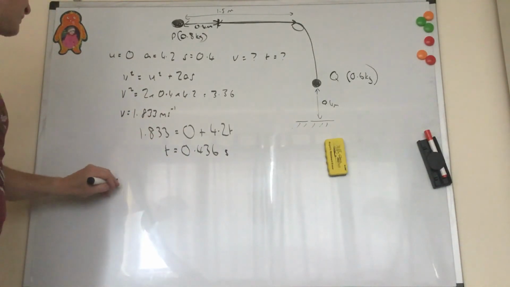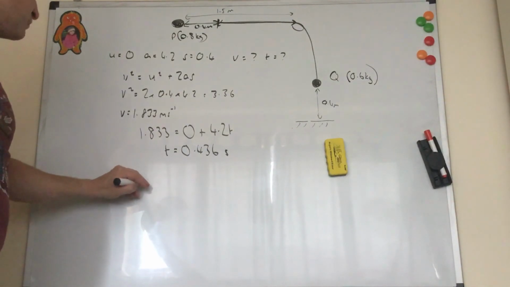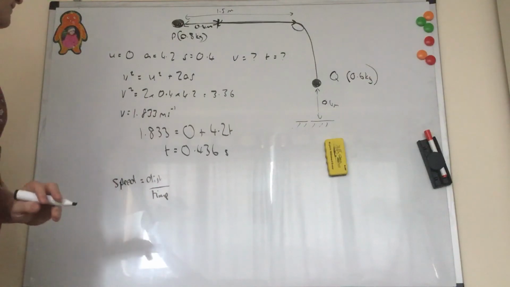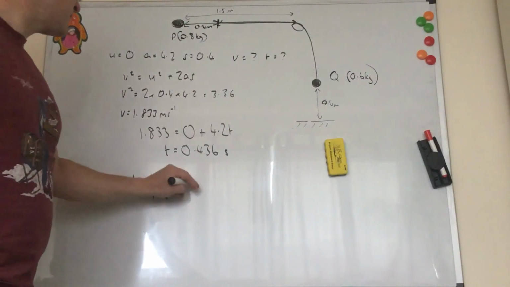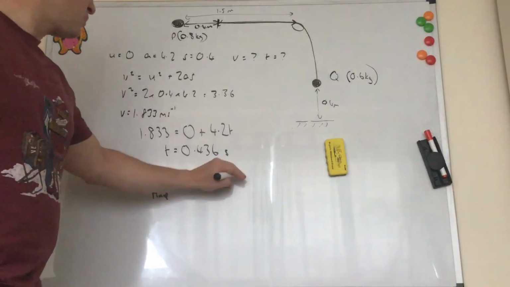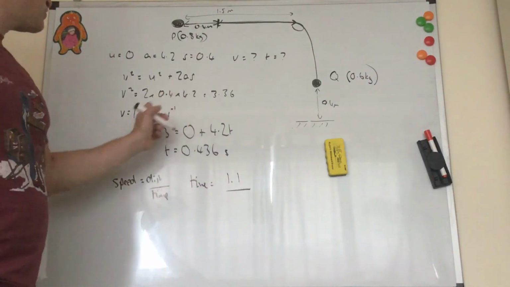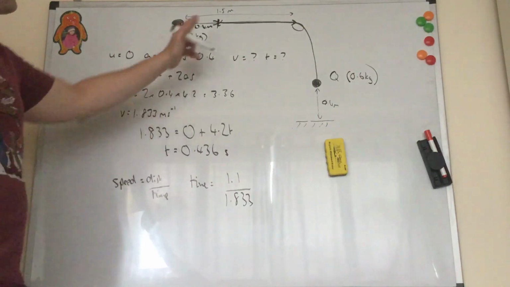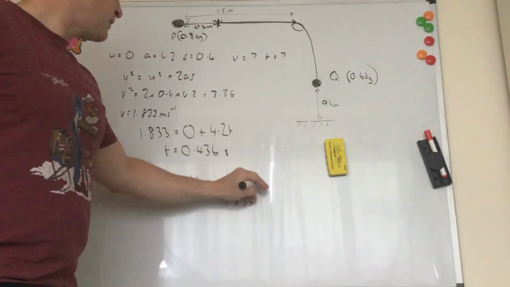Now for the next movement, we can use speed equals distance over time, so time equals distance over speed. The distance is 1.1 metres and the speed is our 1.833. Speed doesn't change during that 1.1 metres.